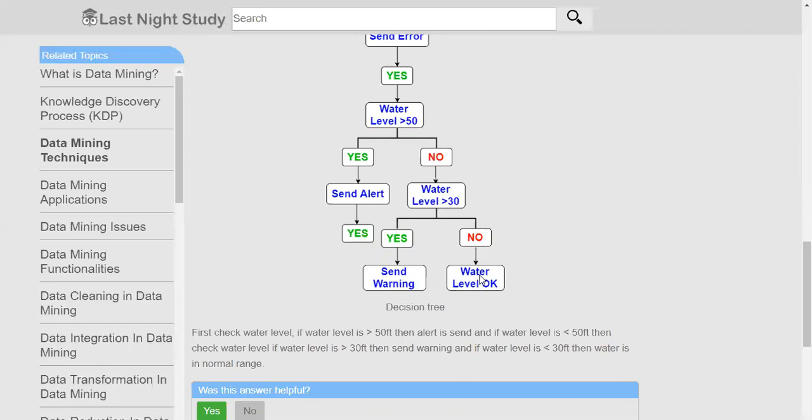If it is less than 30, then the water level is okay. And if the water level is greater than 50, then definitely you can send an alert instead of a warning. So this is how you can implement the decision tree.